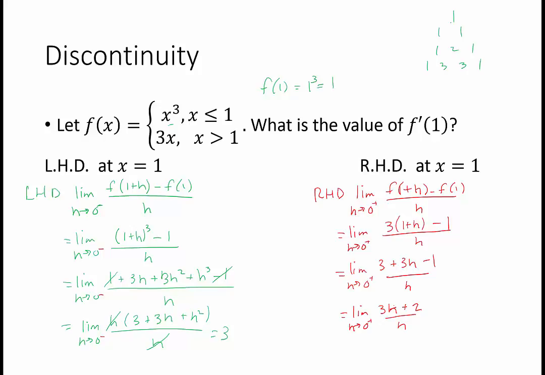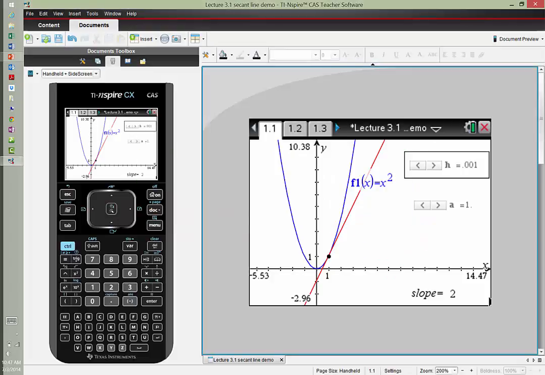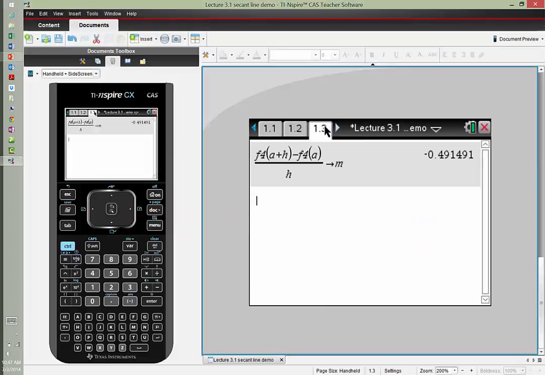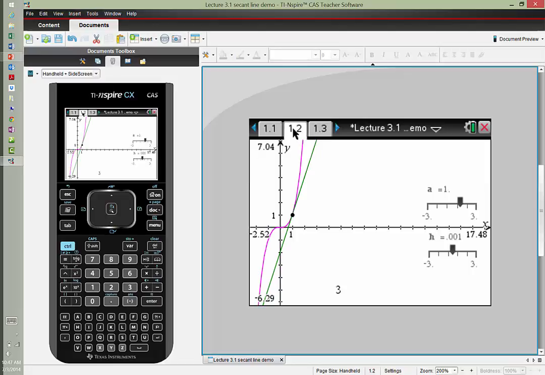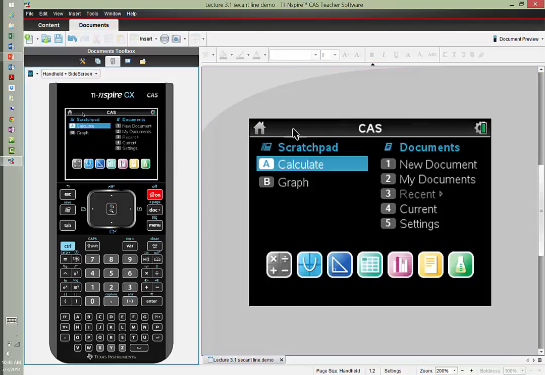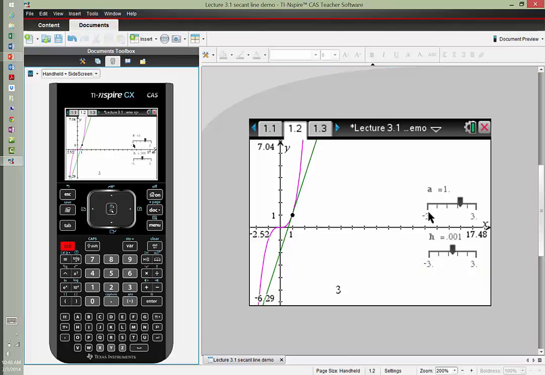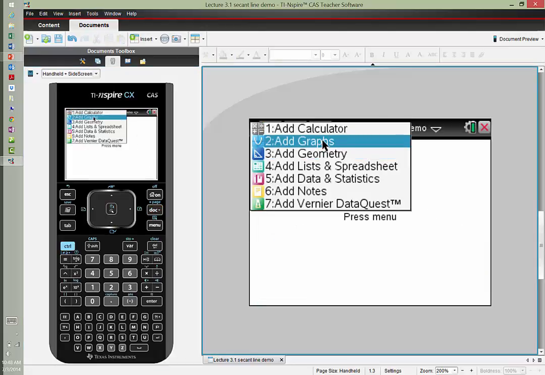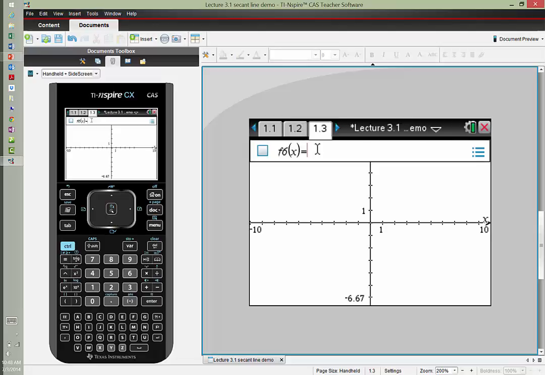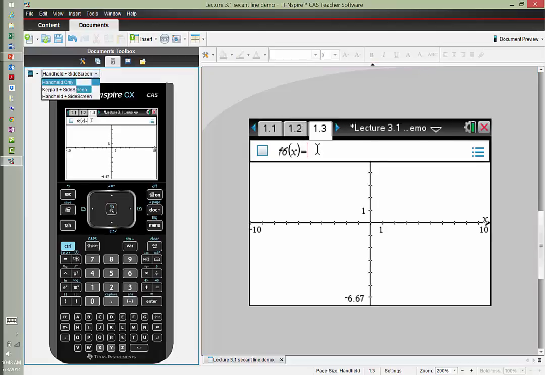no amount of algebraic manipulation is going to get the h out of the bottom there. In fact, if we take a quick look at the graph of this function, I want to create a graphing page, and let's do this so I can see what I'm doing.